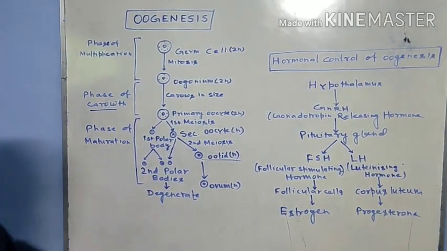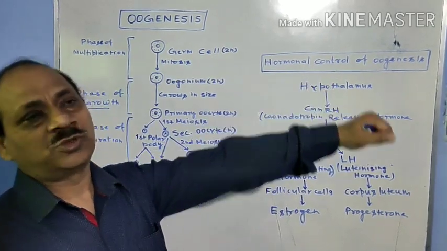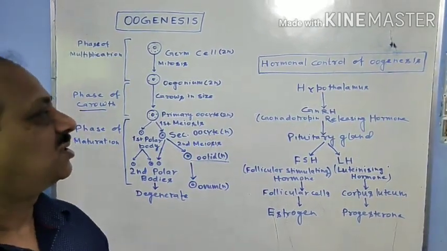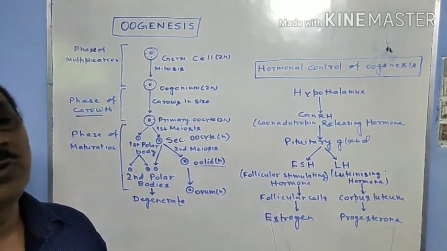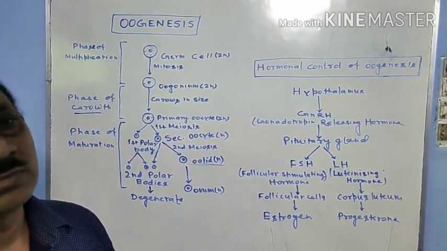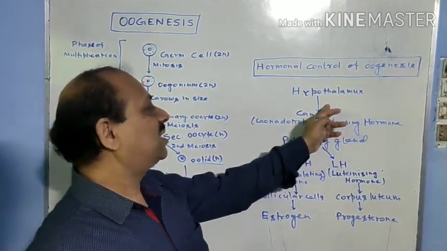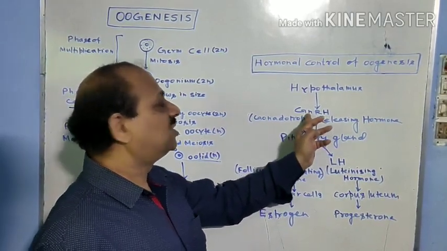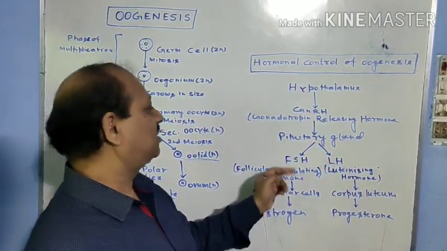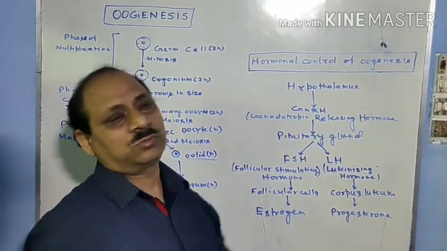Now I am going to discuss the hormonal control of oogenesis. Oogenesis occurs under the influence of a few hormones. Hypothalamus secretes a hormone known as GnRH. It means gonadotropin releasing hormone.